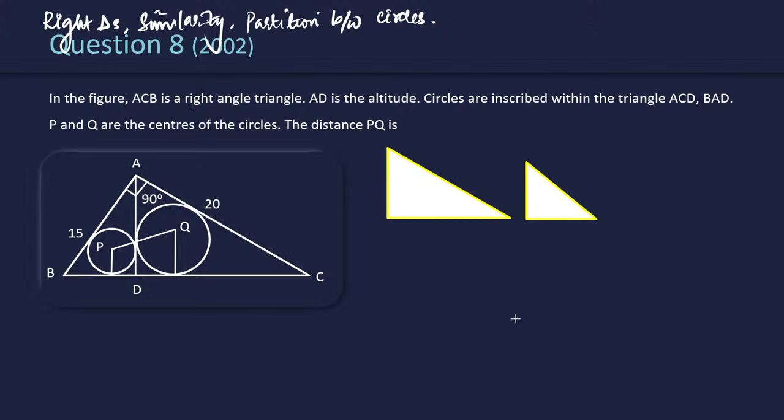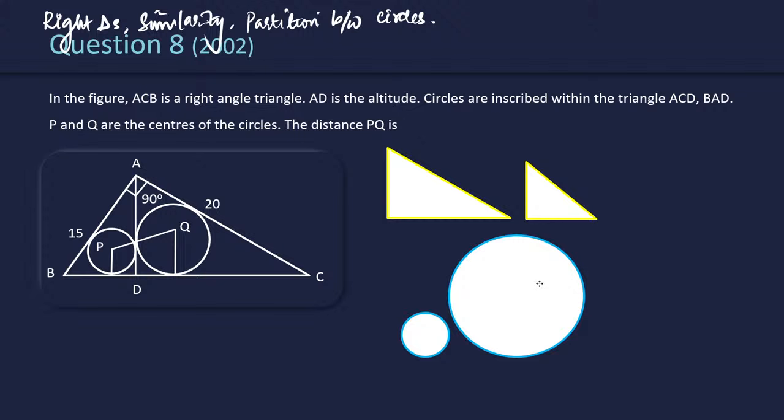ठीक है. Okay. The third thing that I need is actually 2 circles. एक छोटा सा सर्किल ले लेते हैं. और इसके बाजू में एक बड़ा सा सर्किल with a partition between them. That is important. Okay.